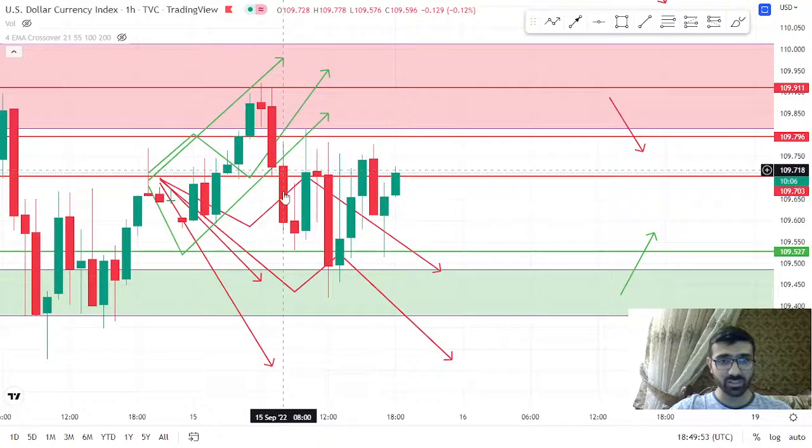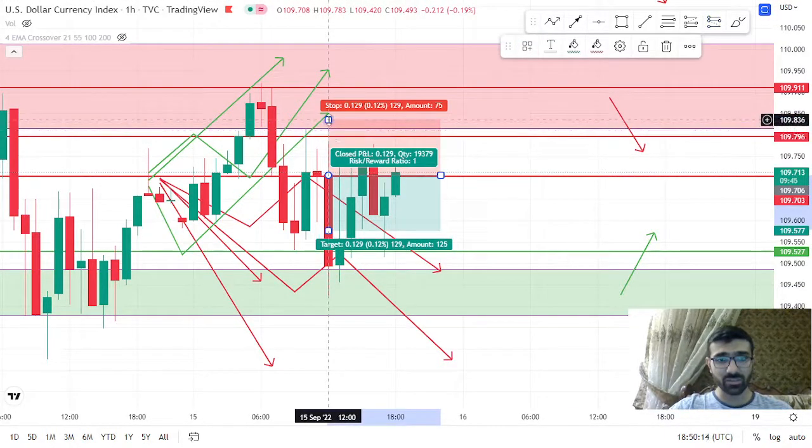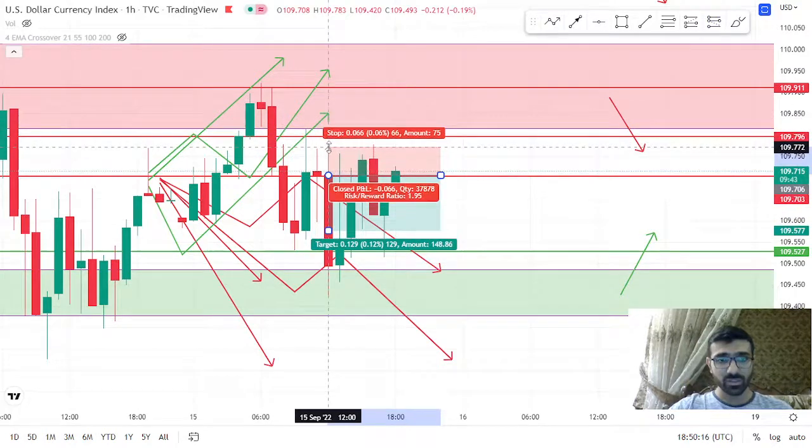You can clearly see this area was broken, and then once again this area was tested over here, and the market gave us a selling opportunity from here. If we had shorted from here, we would still have made a good profit in this trade. For example, if I take the entry from here, my stop loss would be just here, but my stop loss would be hit.